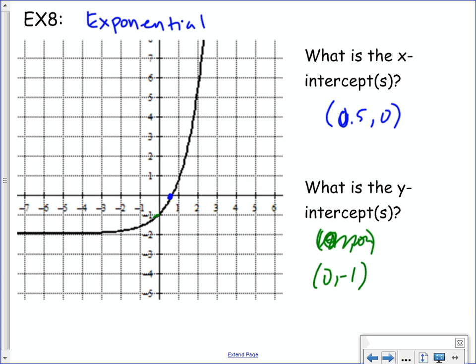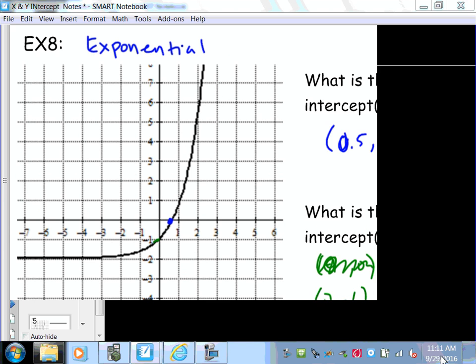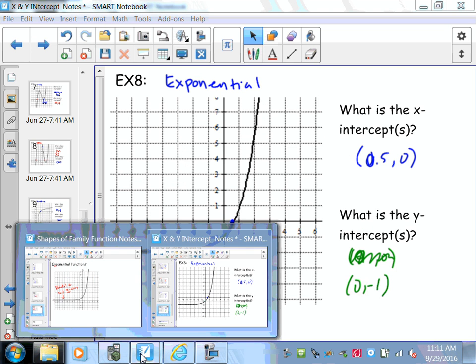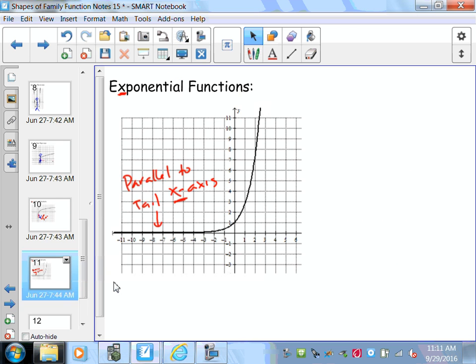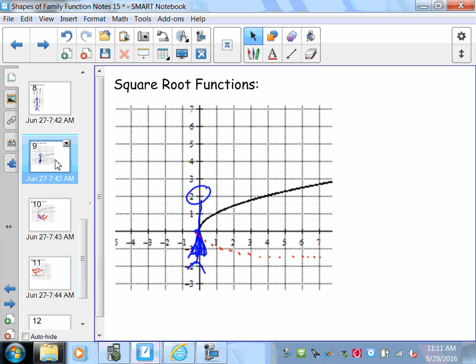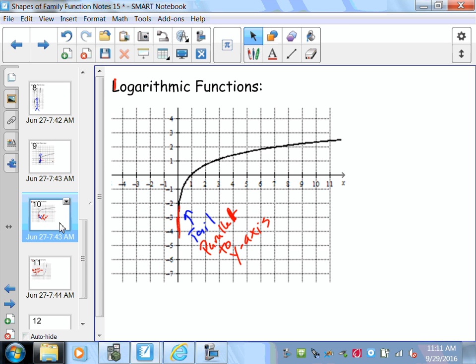And since it's the inverse, you just tilt it over to the right a little bit. There's a square root. If it stops, like there's no tail, it's square root. Logarithmic, you have a tail, so it keeps on going. Excellent.